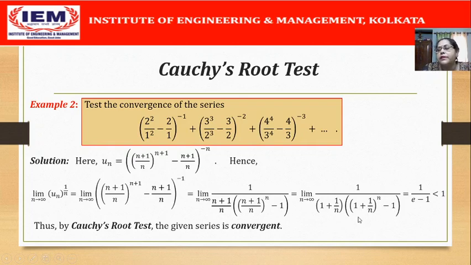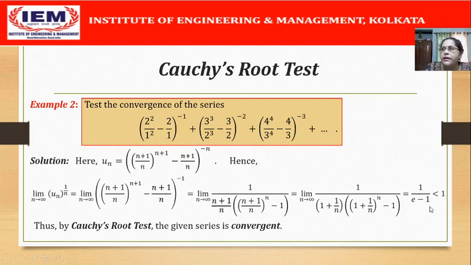And what happens inside? We have (1 plus 1 by n) to the power n. We hope we remember that limit n tends to infinity of (1 plus 1 by n) to the power n is a standard limit whose value is e. That is what we have placed here. So your final answer is 1 by (e minus 1).